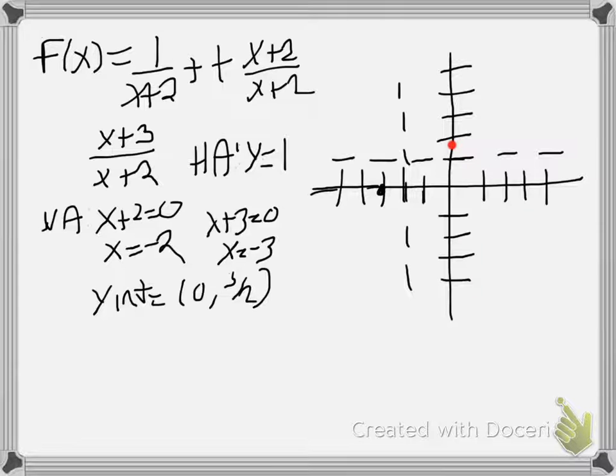Okay, so now we need to get some more points. I'm going to go ahead and do negative 3. So f of negative 3 is going to give me 0 over negative 1, or just plain old 0. Well, that makes sense because that's what we already had. That was silly of me to actually do f of negative 3. Let's do f of negative 4.